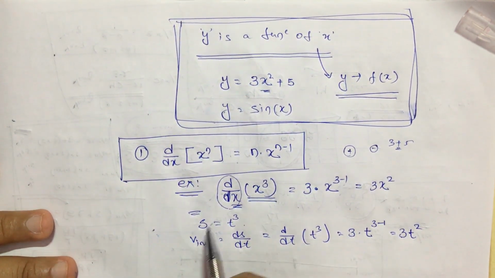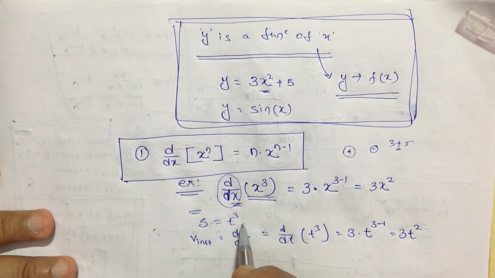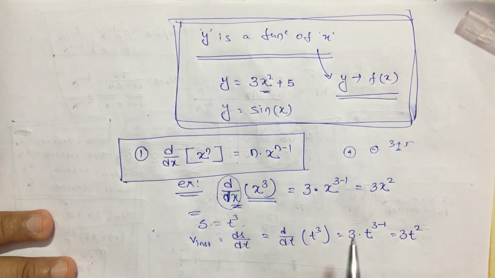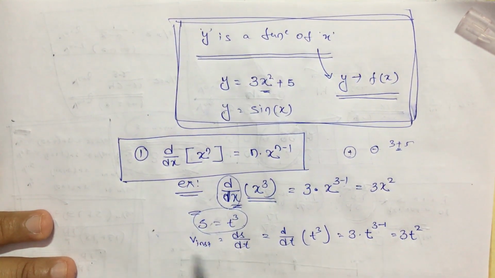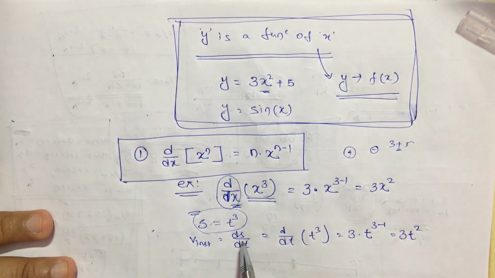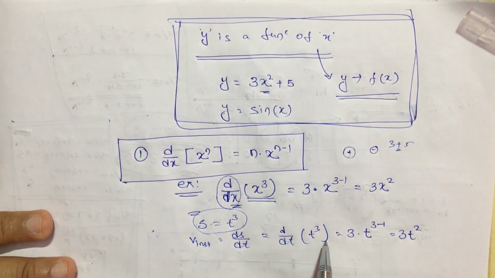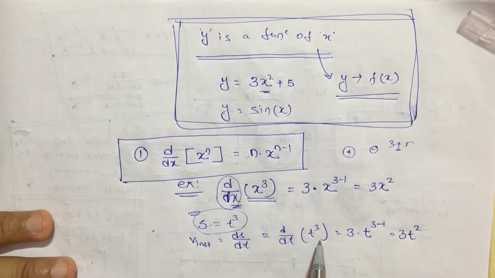So if somewhere it is given that s equal to t cube, an object is moving by following this equation, then you can find its instantaneous speed, ds by dt. This also can be written as d by dt of s or d by dt of t cube.